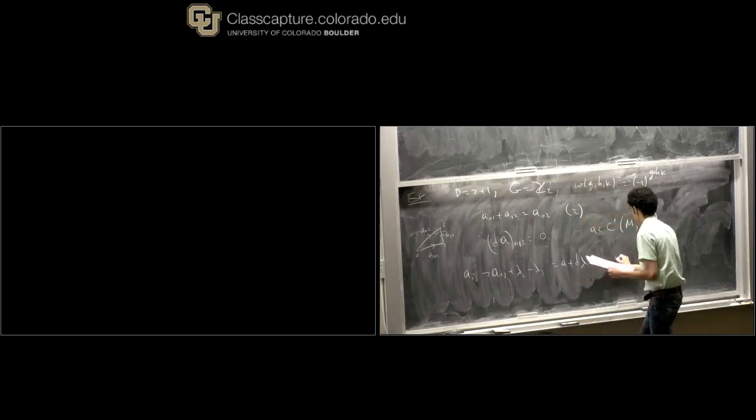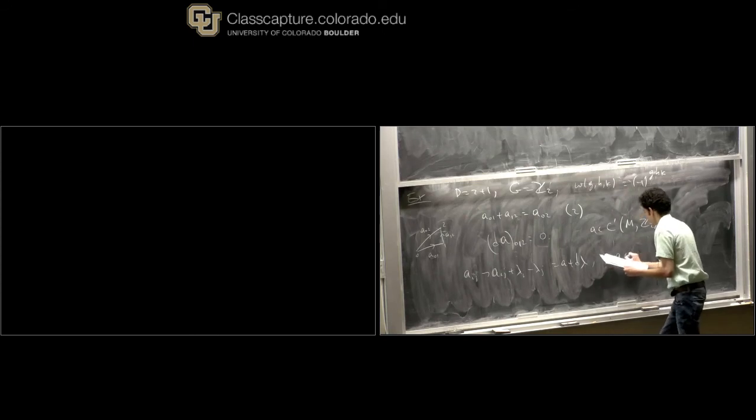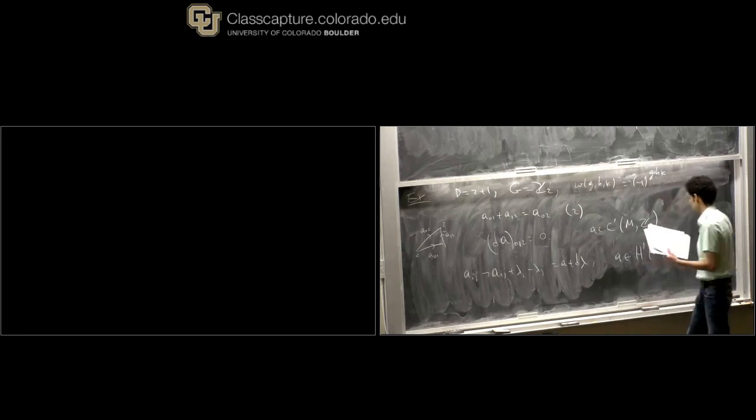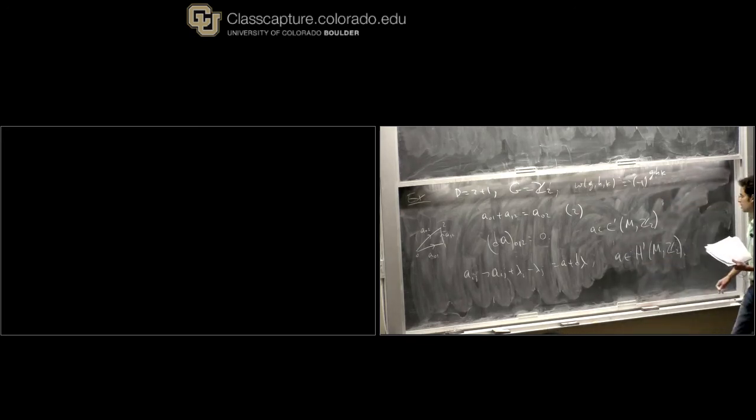So then up to gauge transformations, my flat background gauge field A is just an element of the first cohomology group of the manifold.